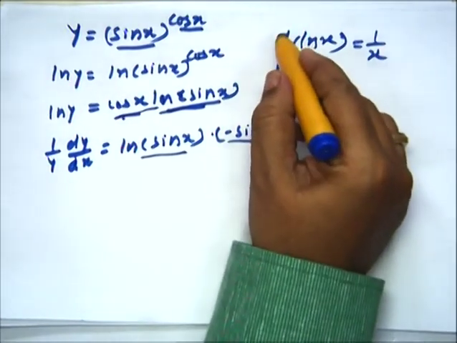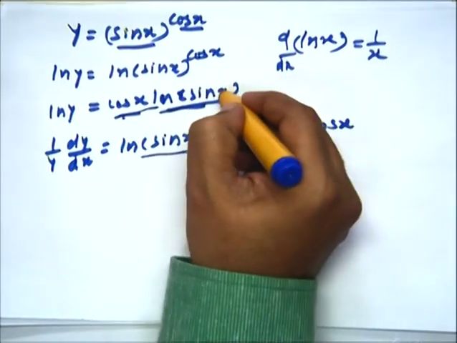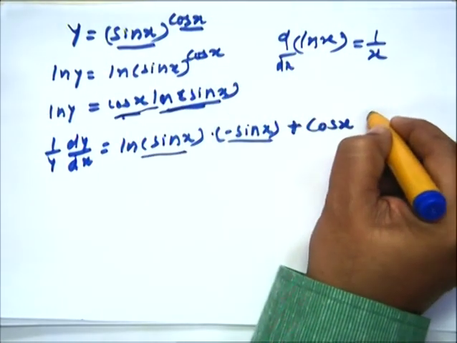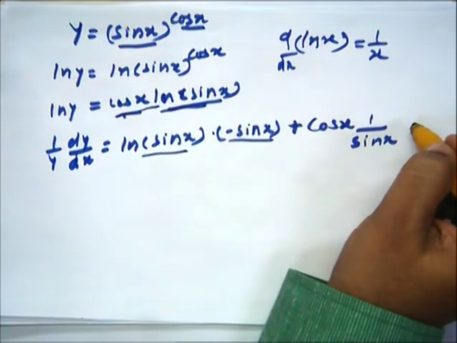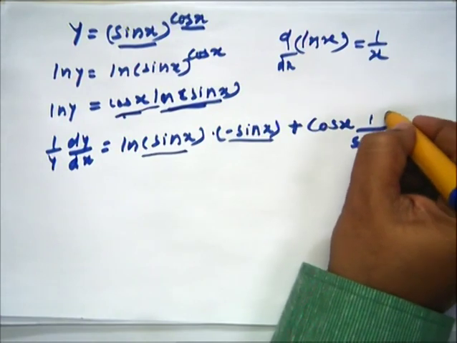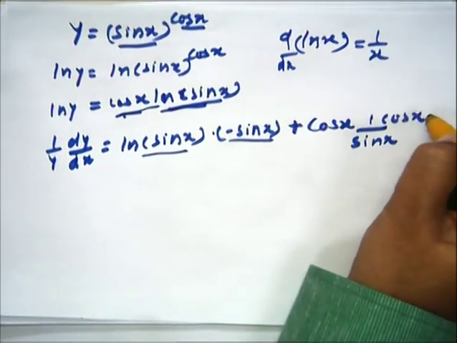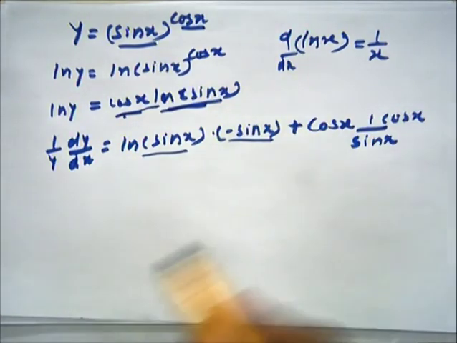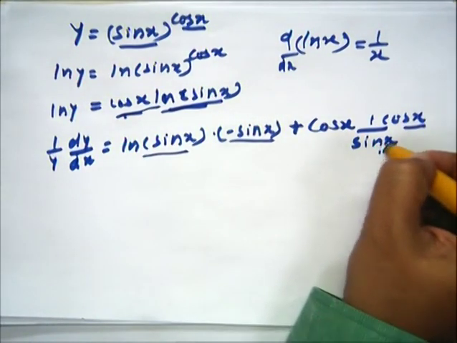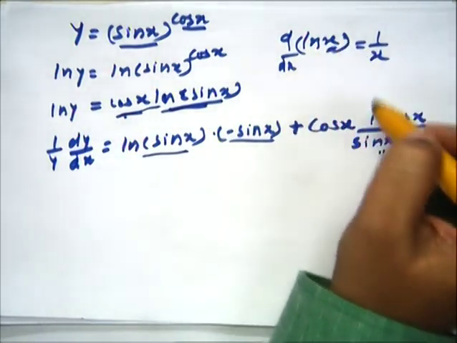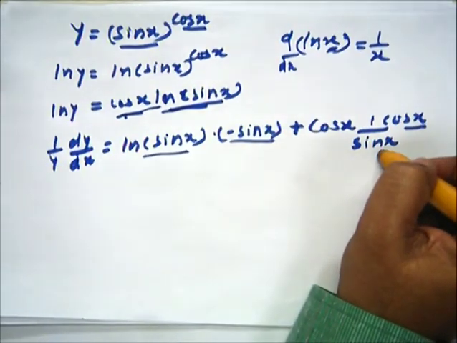So here the derivative of log sin x is 1 upon sin x into the derivative of sin x, which is cos x. The derivative of sin x is cos x. So this is the derivative of this function, because in place of x we have sin x here. So we are using the chain rule.